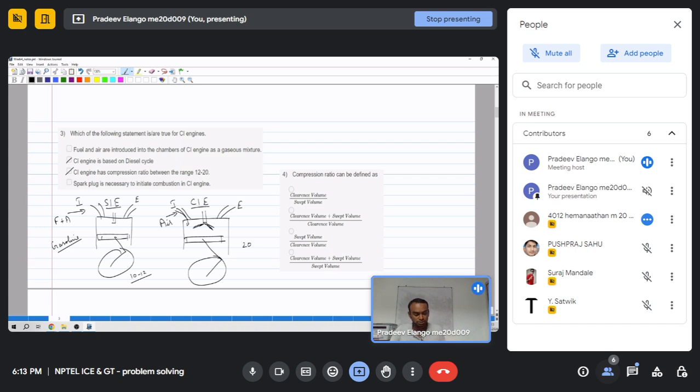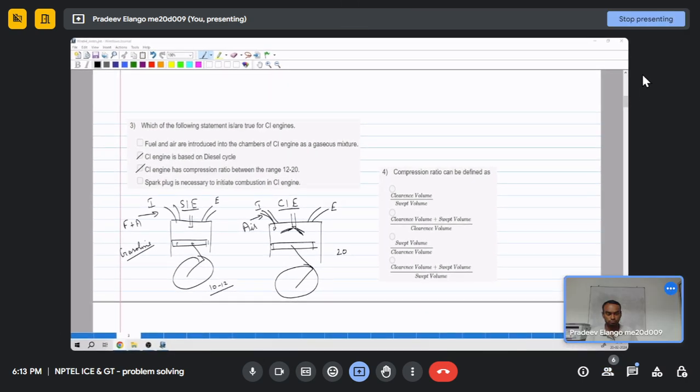Fourth question: compression ratio can be defined as clearance volume by swept volume, clearance volume plus swept volume by clearance volume, or clearance plus swept by swept. What is compression ratio?